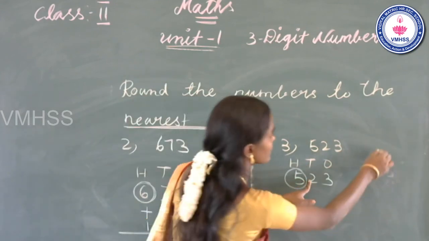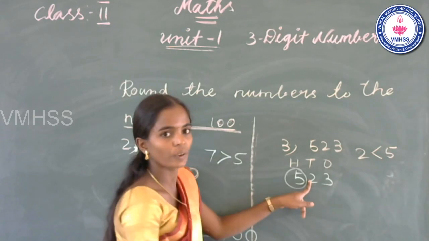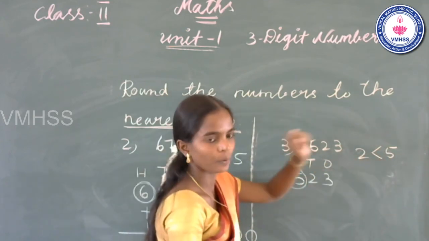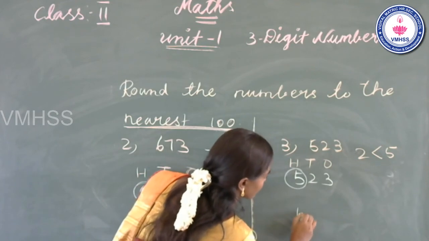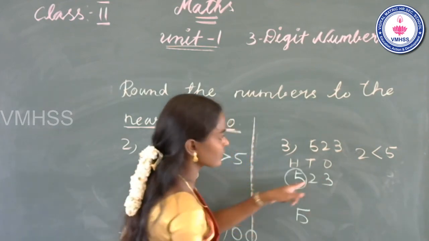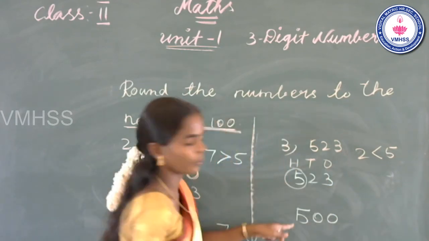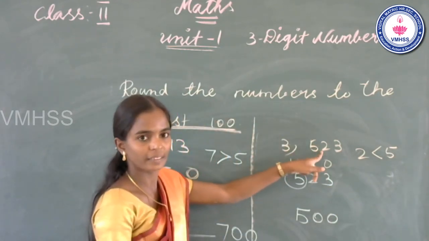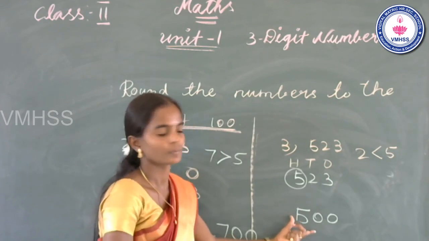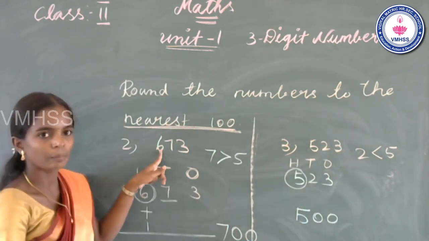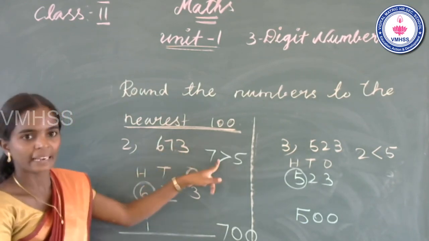So the 100 place number stays the same, 5. The tens place number and ones place number will become 0. So 523, nearest 100, is 500.